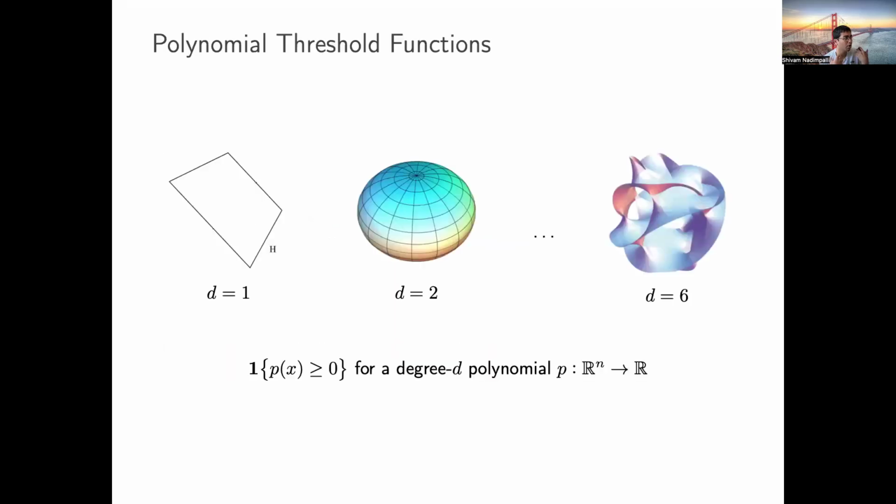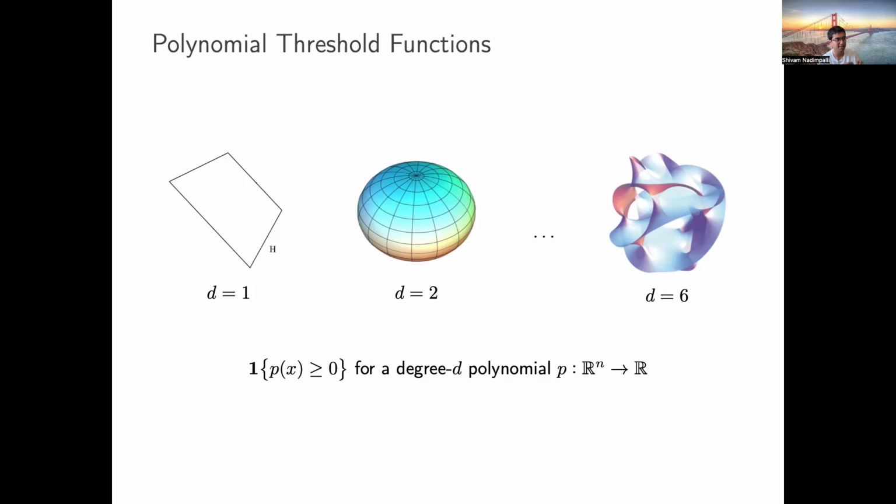A degree d polynomial threshold function is defined by a degree d polynomial on R^n, and it's just the indicator of this polynomial being bigger than 0. When d equals 1, the polynomial defines a hyperplane, and so the polynomial threshold function is a half space defined by this hyperplane.